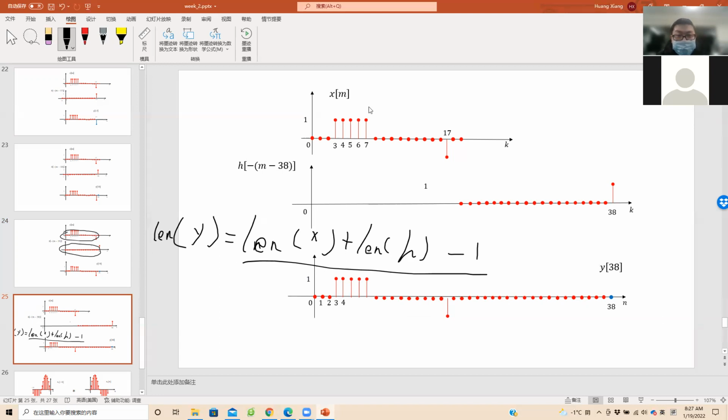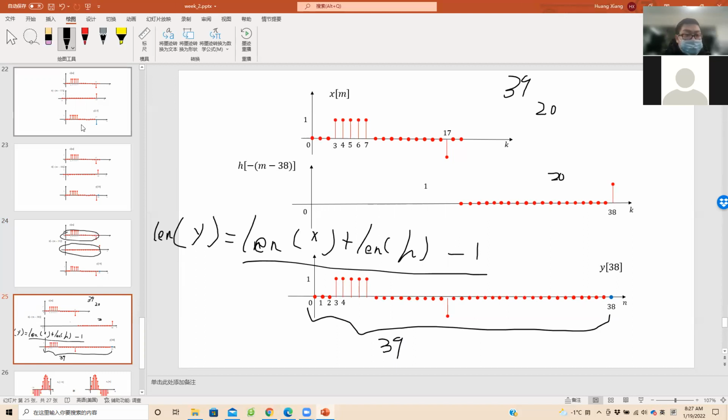You can see for this example, if the x length is 20 and the h length is also 20, 20 plus 20 is 40 and minus 1 is 39. And since for this example our starting index is 0, the final length is from 0 to 38, which is 39. Okay, that's the convolution.